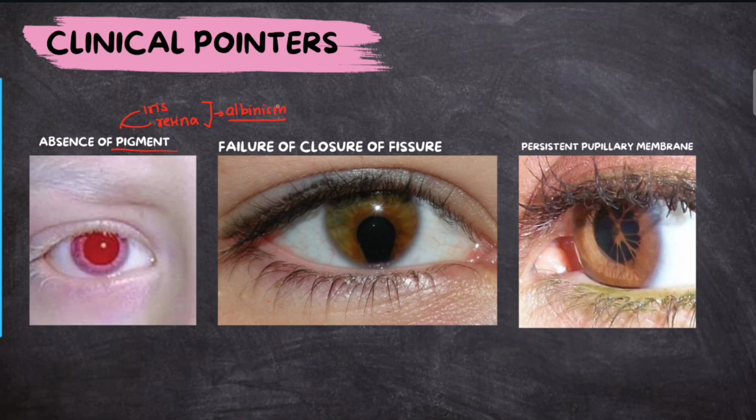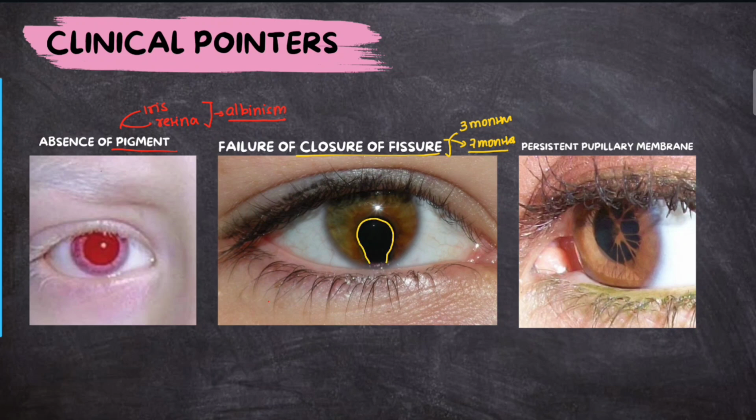So this becomes a part of a syndrome. As you can see in the eye, there is lack of pigmentation in the iris. Secondly, what can happen is there's failure of closure of the choroidal fissure. I had previously explained, the choroidal fissure starts closing by 3 months and is supposed to completely close by 7 months. Now, due to some reason, if there is failure of closure of the choroidal fissure, something called coloboma is formed.